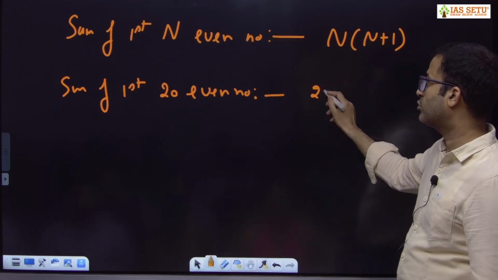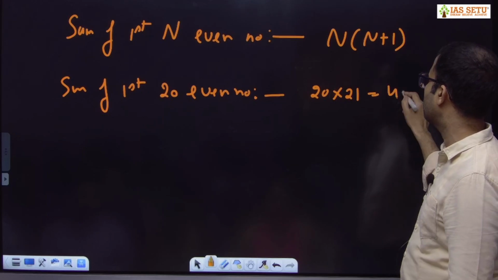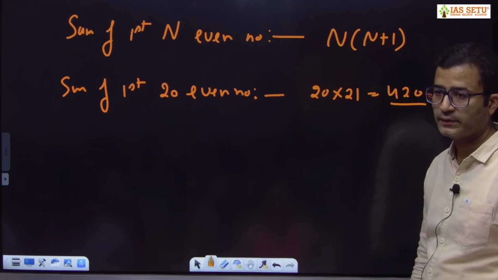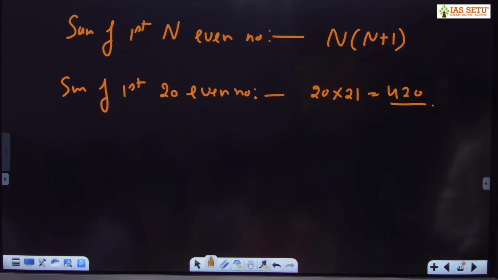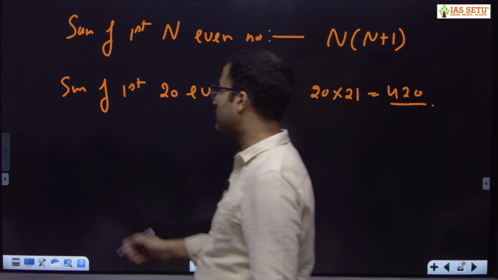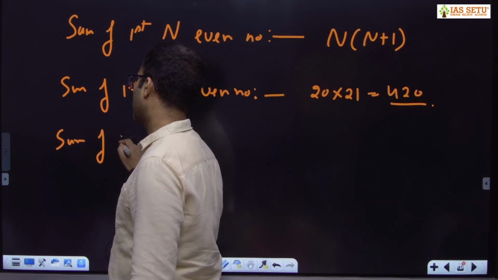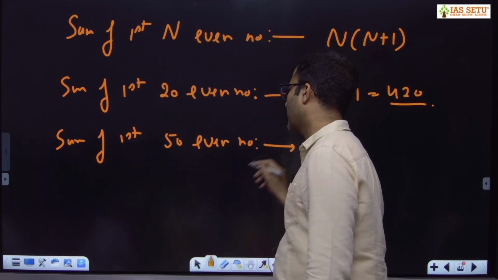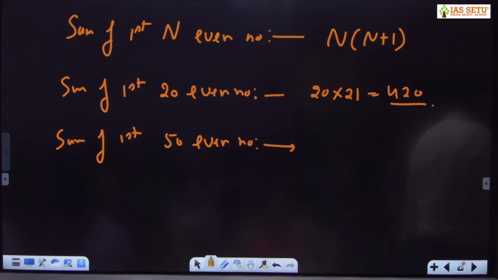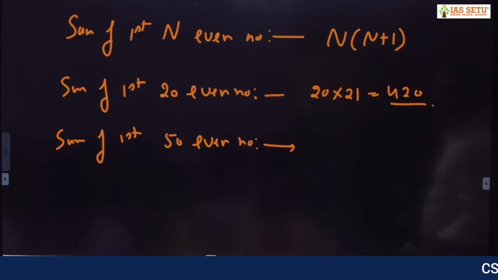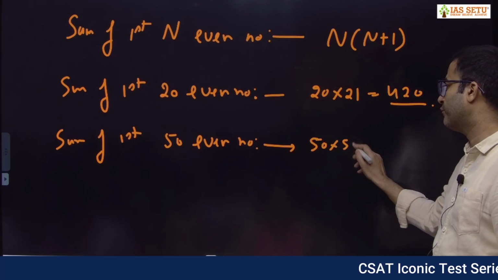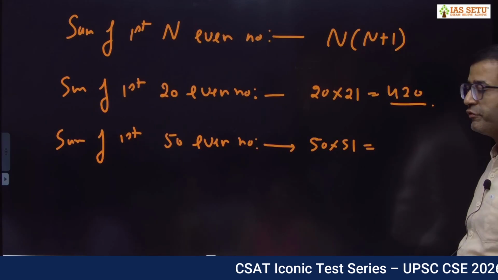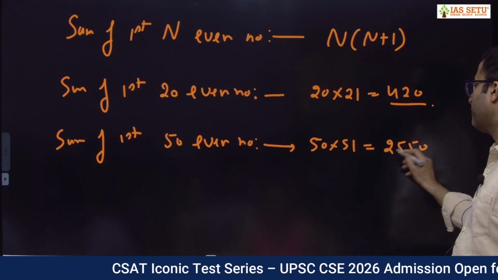As per this formula, 20 into 21, so 420. n into n plus 1. Tell me, what is the sum of the first 50 even numbers? So here it is 50 into 51. So what is 50 into 51? 2550.